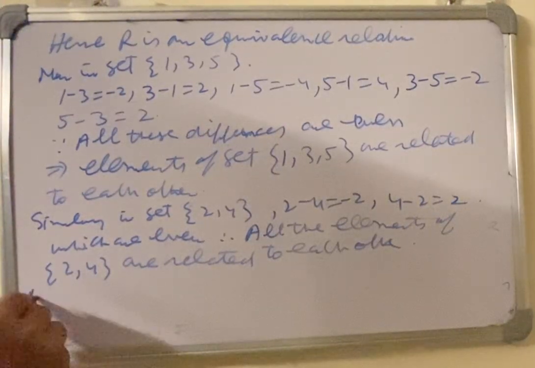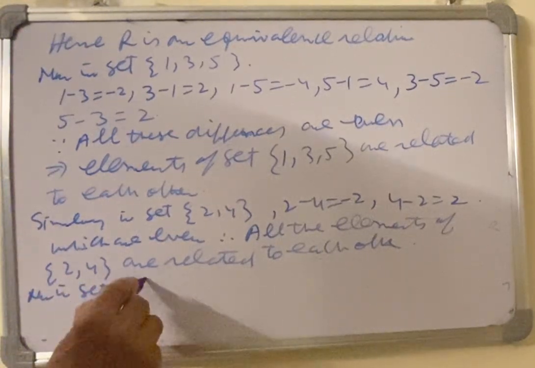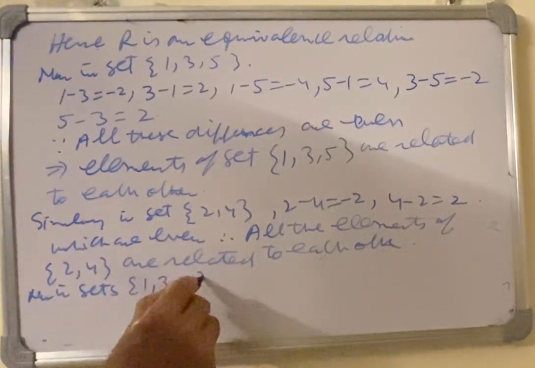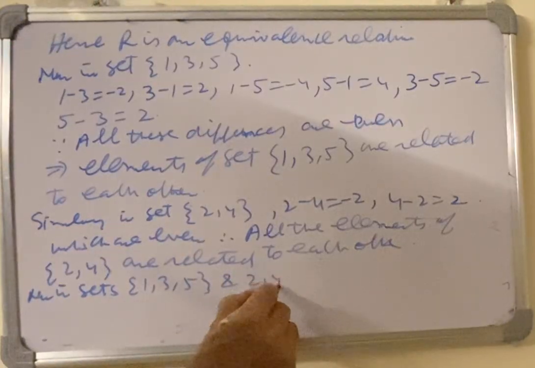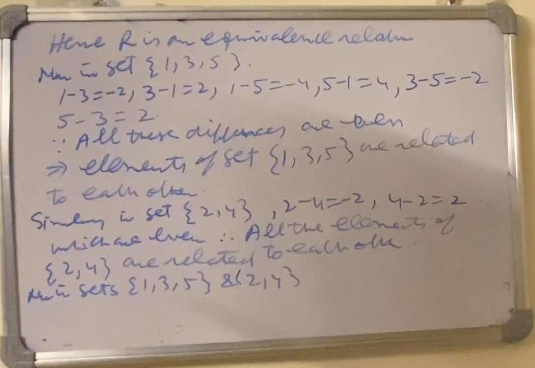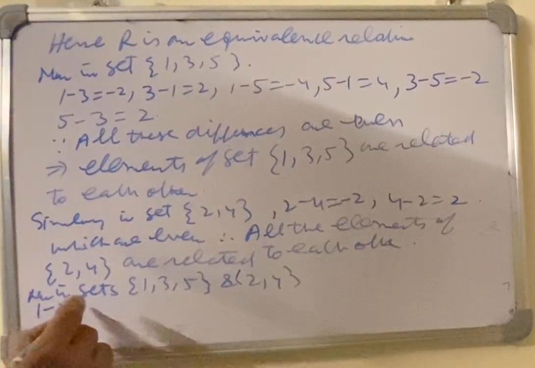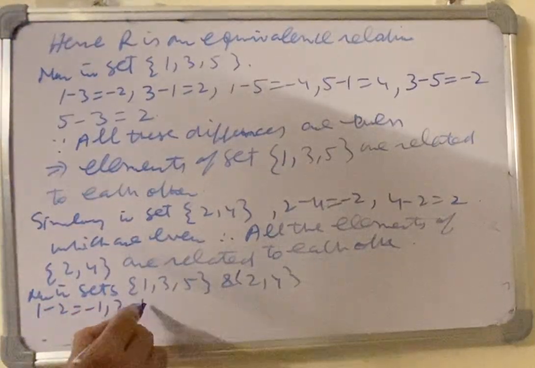Now, in sets 1, 3, 5 and 2, 4, we can see the difference of elements of all these. 1 minus 2 is minus 1, 2 minus 1 is 1.